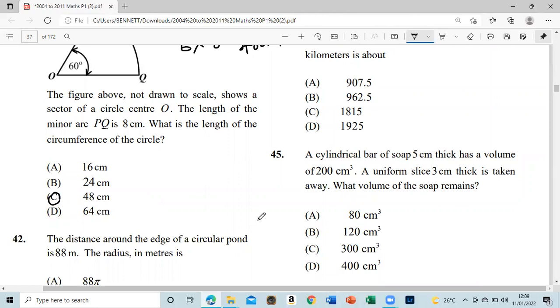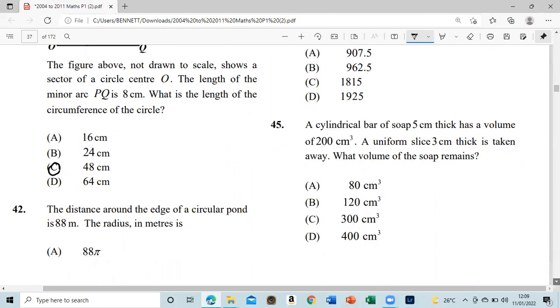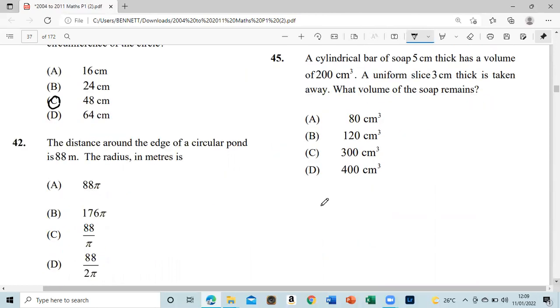The distance around the edge of a circular pond is 88 meters. The radius in meters is, notice they don't want us to work out pi. We know that circumference is equal to 2 pi r, all right? The circumference of a circle is 2 pi r. But we know that the circumference is 88, so 88 equals 2 pi times the r, because they don't want us to work it out, you see pi in all of them.